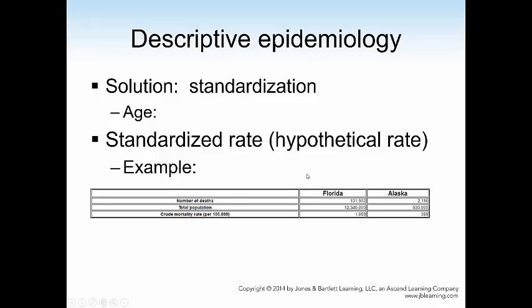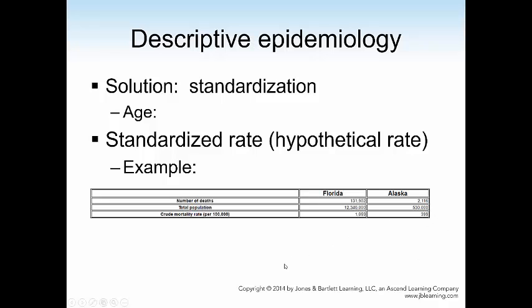If we did the crude evaluation, then in Florida, you would have 131,902 over 12,340,000 individuals. So the crude mortality rate is 1,069, and that would be your rate, as opposed to Alaska, where, again, the rate is considerably lower.